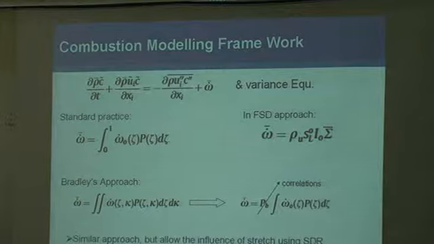And in the FSD approach, the flame surface density approach, the mean reaction rate can be written in a simple way. The difference between this approach and the standard practice, which is called the FPA or flamelet approach, is the factor I naught here. What the flamelet model assumes is that the turbulence does not do anything to the flame; it locally propagates as a laminar flame.